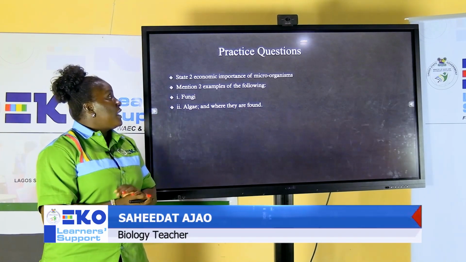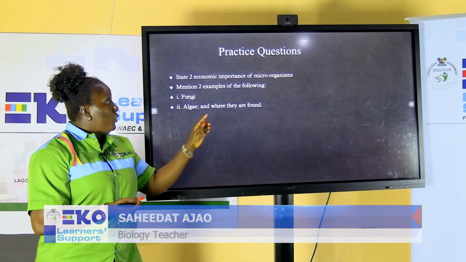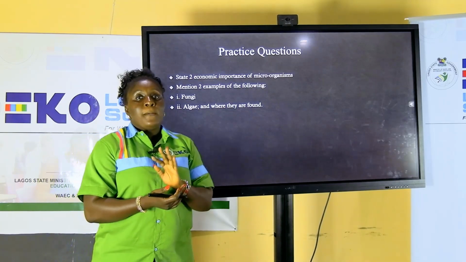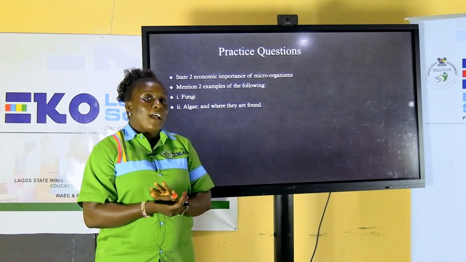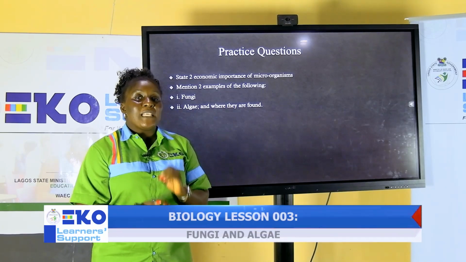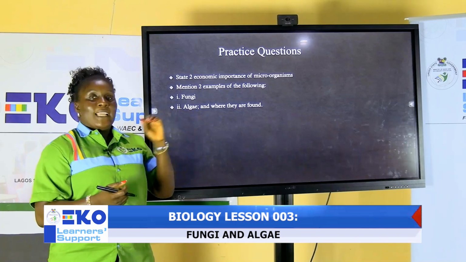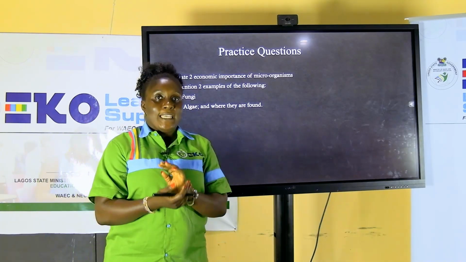The next question says, mention 2 examples of the following: fungi, algae, and where they are found. Please, students, take notes. NECO and WAEC, when you are asked where they are found, be specific about the habitat. Fungi, 2 examples, we have our mushroom, we have our yeast.